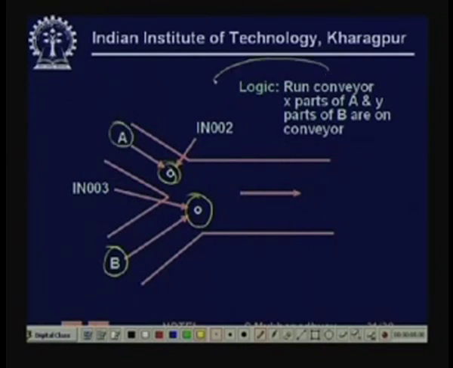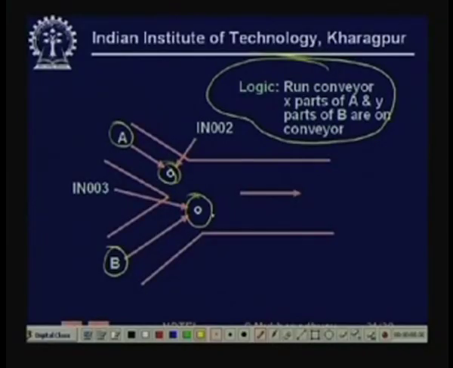So you want to implement this logic: run the conveyor when at least x parts of A and y parts of B are on the conveyor. At that time the conveyor will run. So this is what we want to program, and the arrival of a part of type B is asserted by this, and arrival of a part of type A is asserted by these two sensors.